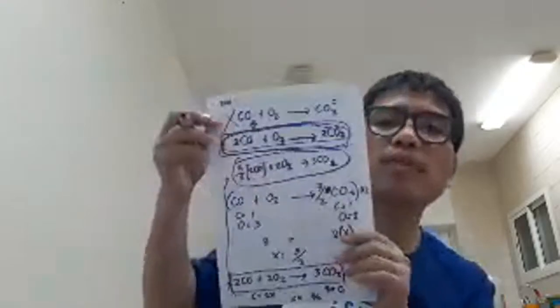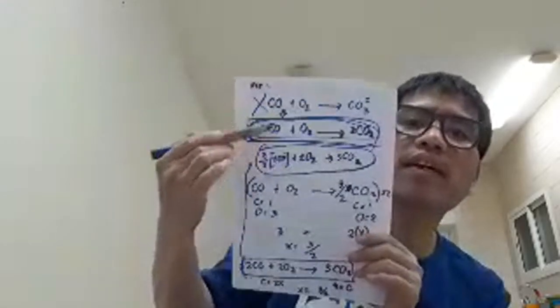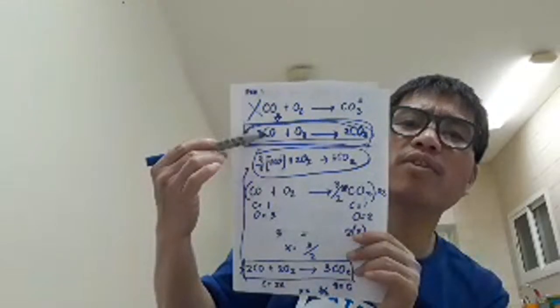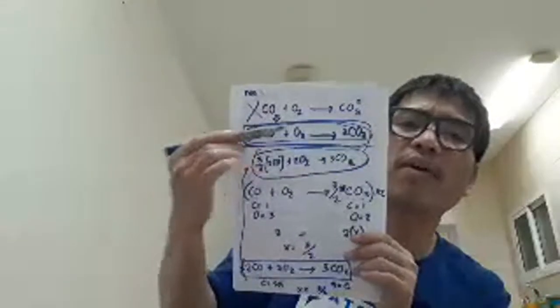So based on the equation that we use, this one, we will use this one, in the Kc equilibrium constant expression, because it's balanced by the trial and error method.